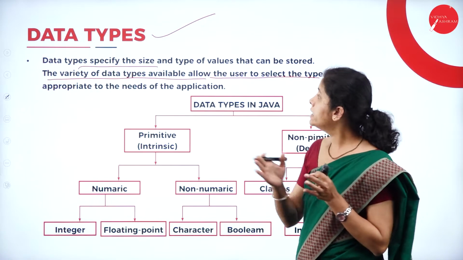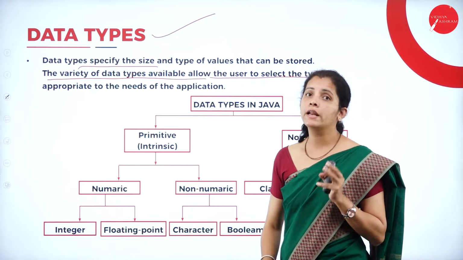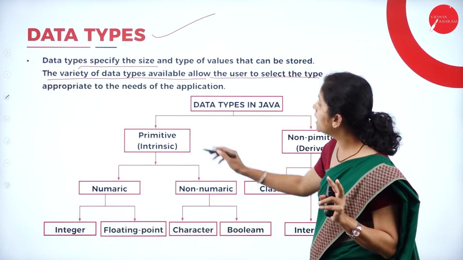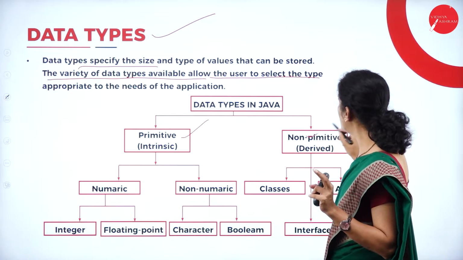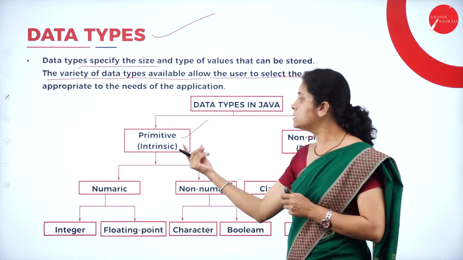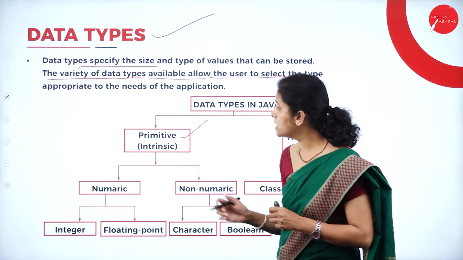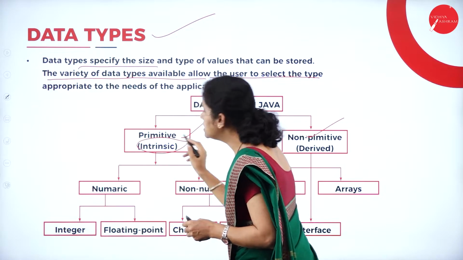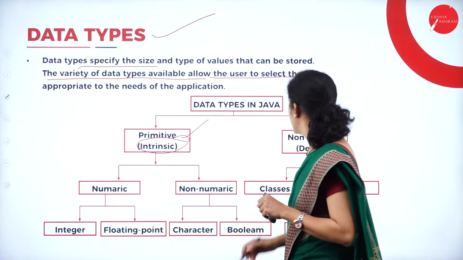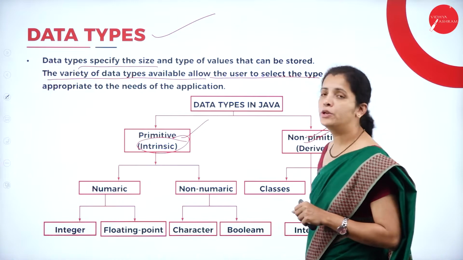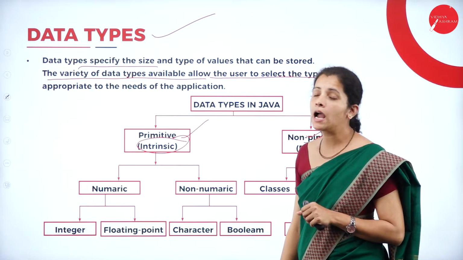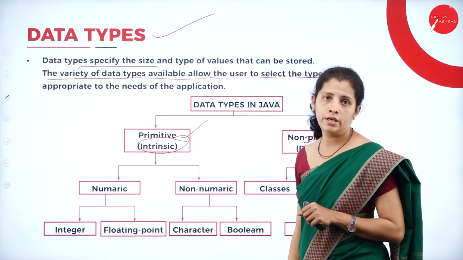So dear student, in Java, data types are categorized into two types, primitive and non-primitive. So what is primitive? That is the simple and basic data types, and it is called intrinsic. Now, if I consider non-primitive, these data types are derived from the primitive data types.